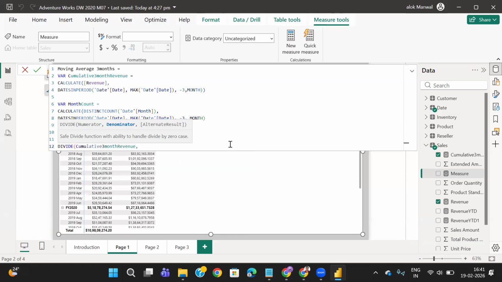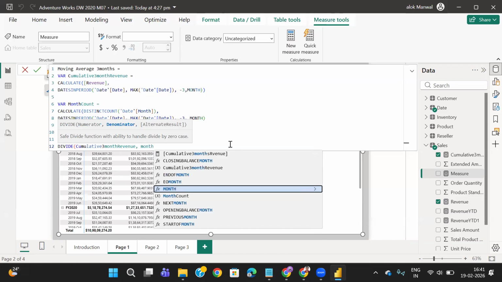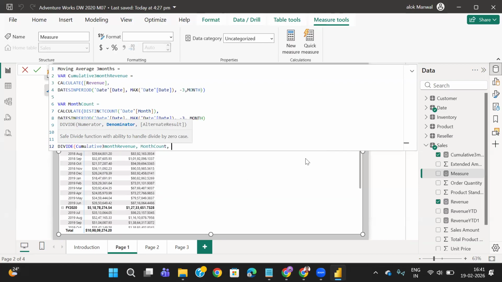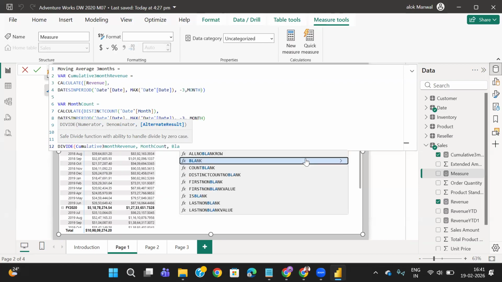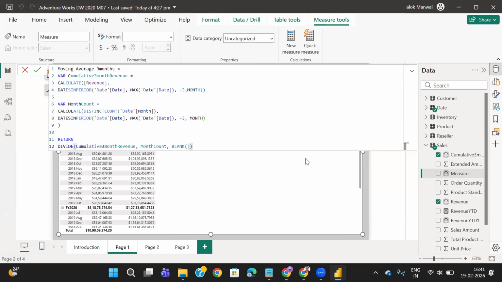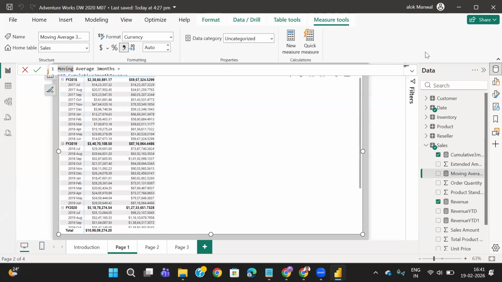With which month? This is the month. Where is the month count? Here it is. Month count. Now I'm doing the divide. Here, now we are going to get our moving average for 3 months. Now let me put it here.